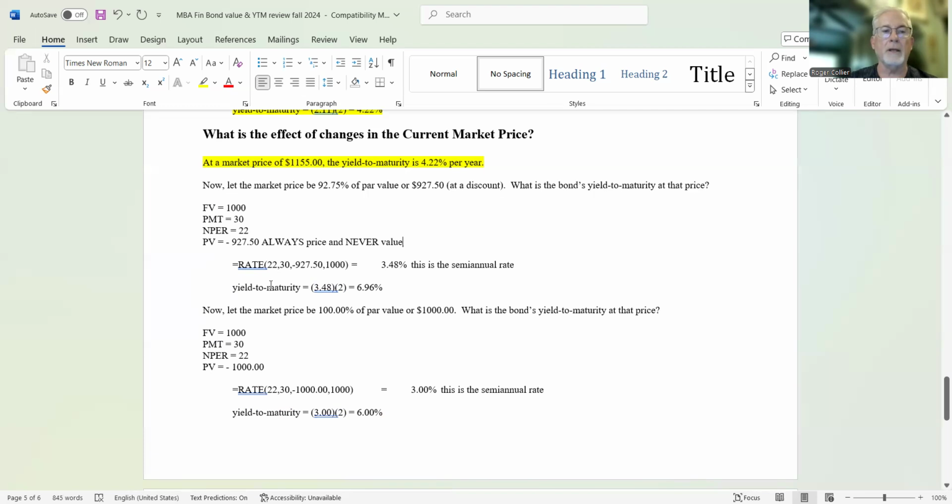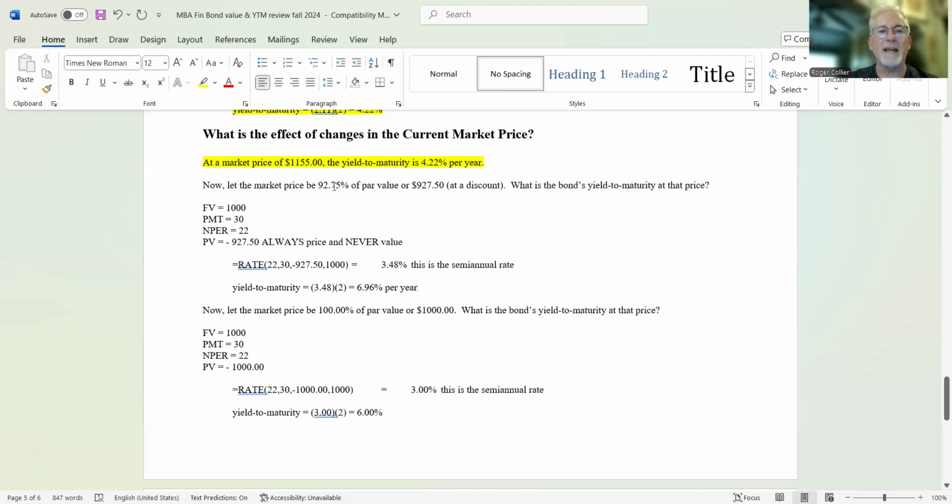Put all those in, equals rate, number of periods, payment, present value, future value. I get 3.48%, which is of course semi-annual. I got to multiply it by 2 to get annual. That's 6.96% per year.